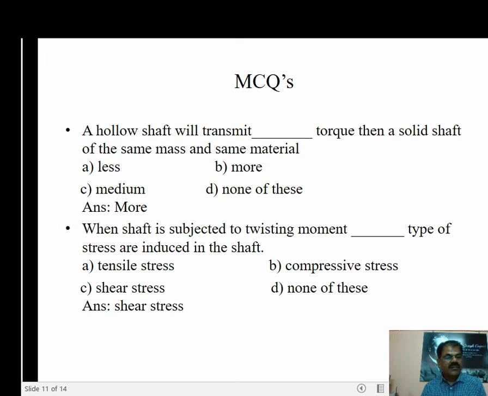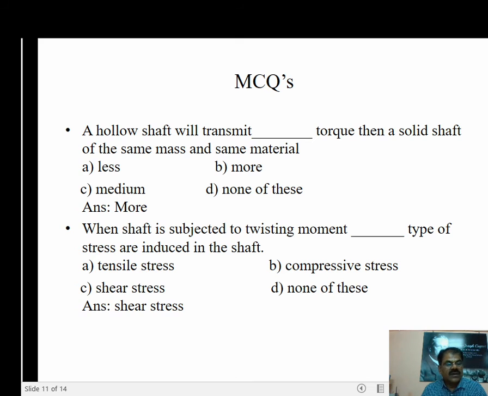Second MCQ: when a shaft is subjected to twisting moment, dash type of stress is induced in the shaft.